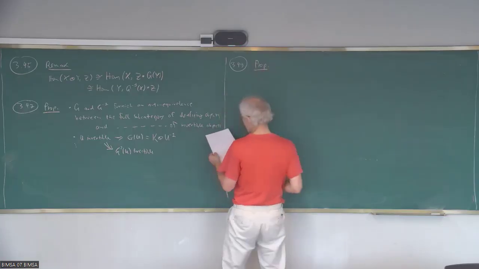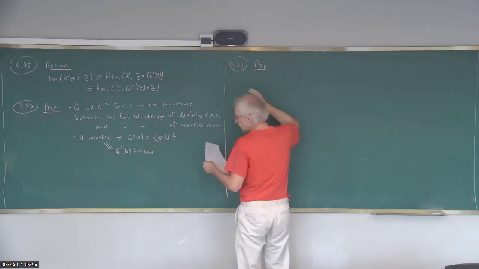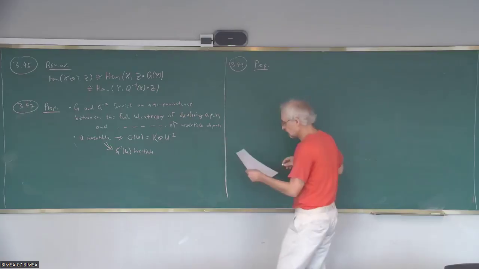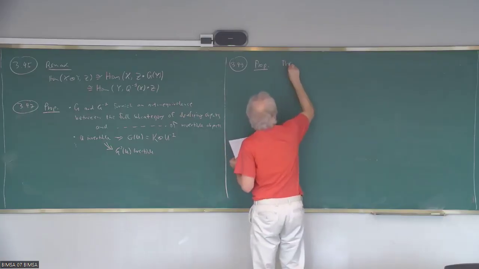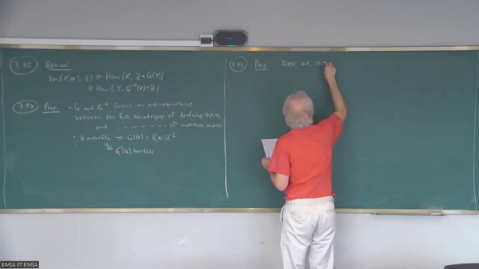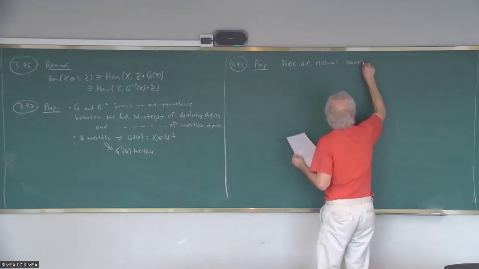This is described by the following. From now on, we always talk about the Grothendieck-Verdier category C. I don't write this explicitly. There are natural families of isomorphisms of the following form.